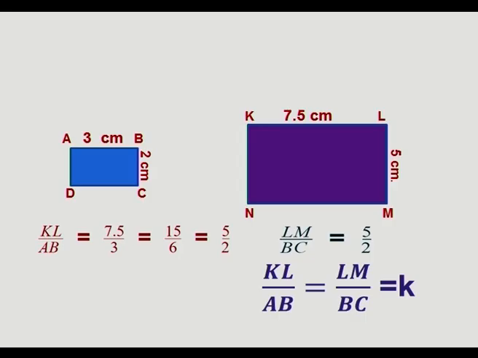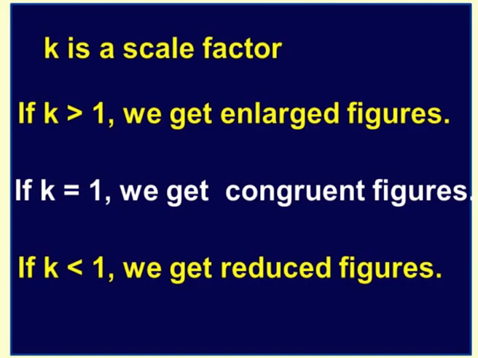Yes, you are absolutely right. If k is less than 1, you will get a reduced rectangle. So, k is a scale factor, and if k is greater than 1, we get enlarged figures. If k is equal to 1, we get congruent figures. If k is less than 1, we get reduced figures.